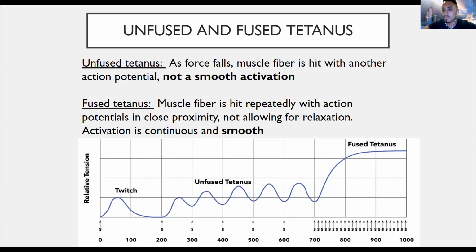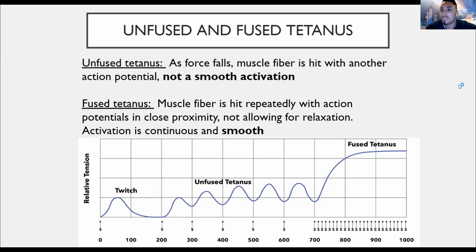So as the force falls, the muscle fiber is hit with another action potential, but it's not a smooth activation. So the muscle goes back up, attempts to relax, but right before it relaxes, we hit it with another action potential. So we have this cycle of going up, but not all the way down.